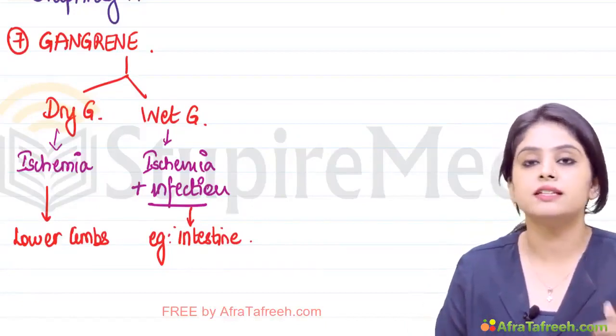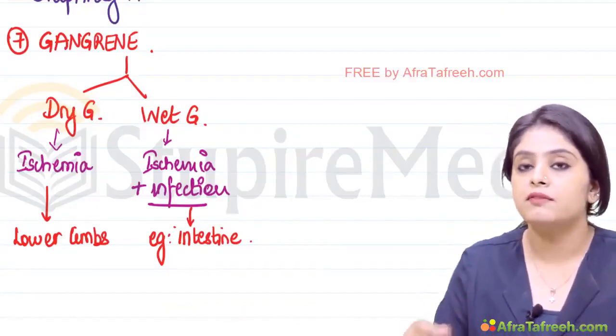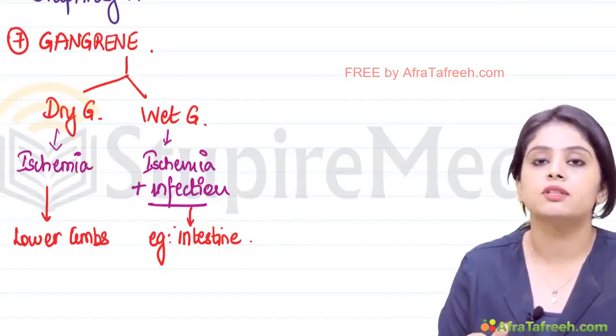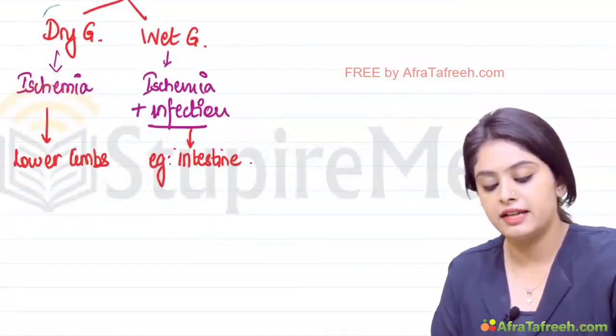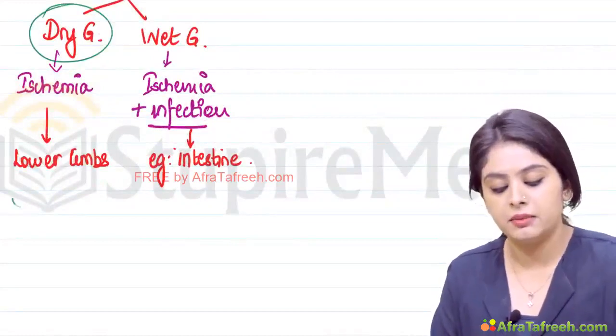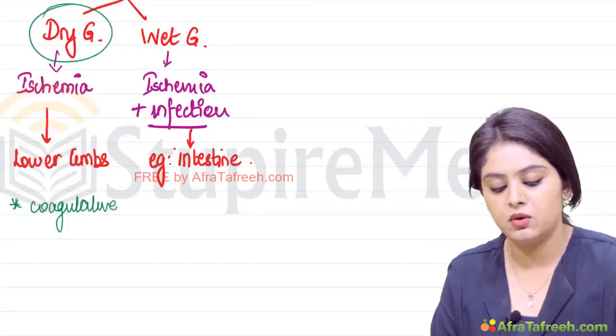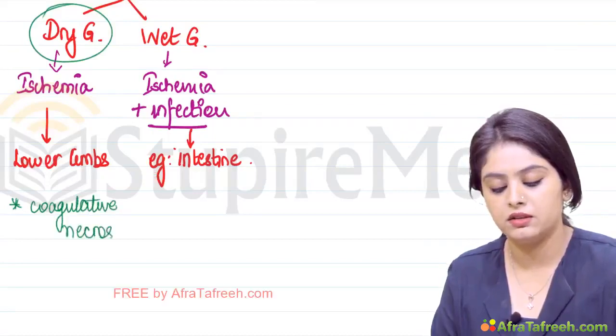The surgeon will say that the patient has gangrene, but the pathologist, how will the pathologist look at this? The pathologist will say that if the person has a dry gangrene, it is nothing but coagulative necrosis.